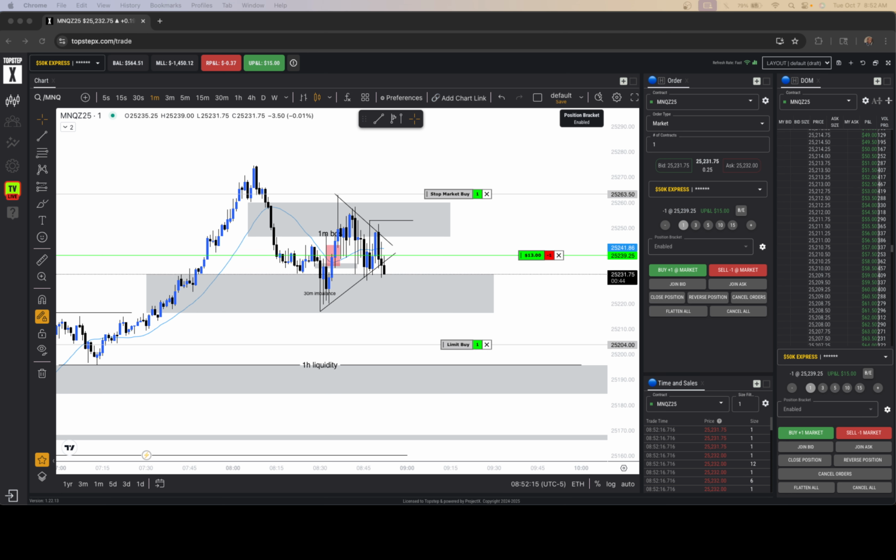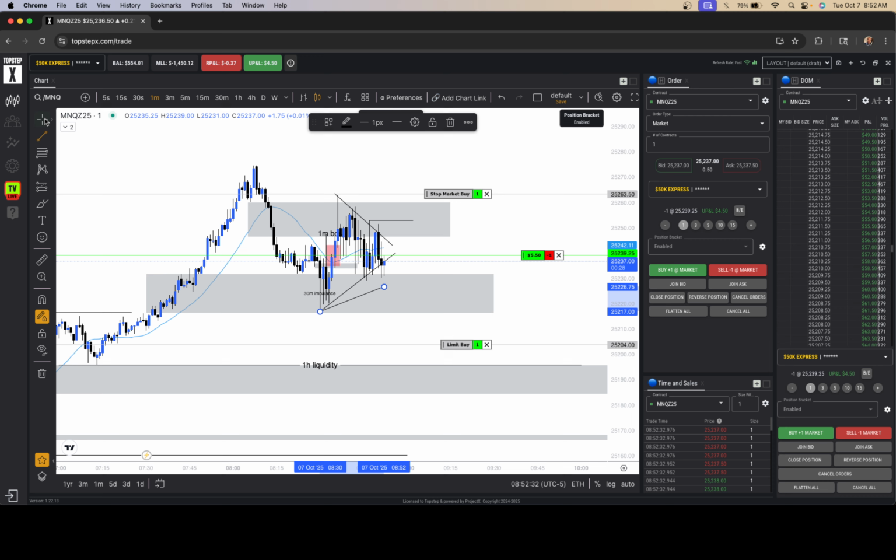Okay, so we do have an SMT now at the lows of NQ and ES, which is not good. There's an SMT from here to here, so that is kind of a red flag right now for this trade.